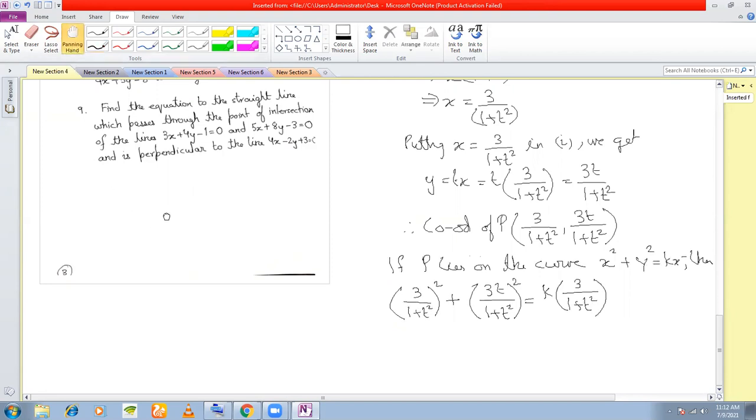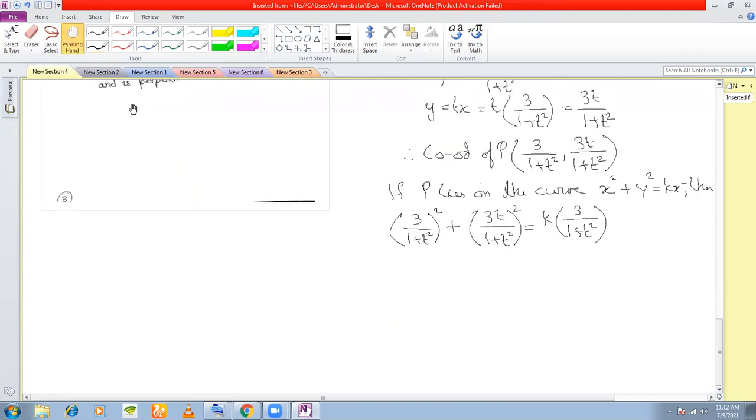Now from here, we can get the value of k. How will you get? Solve this. 9 by 1 plus t square whole square plus 9t square by 1 plus t square whole square is equal to 3k by 1 plus t square.